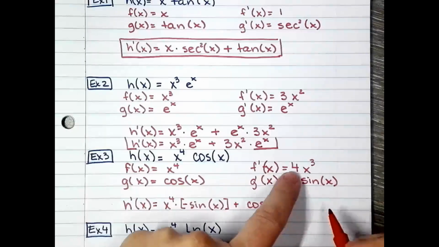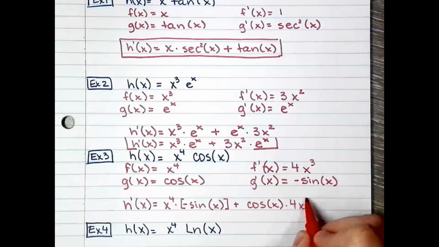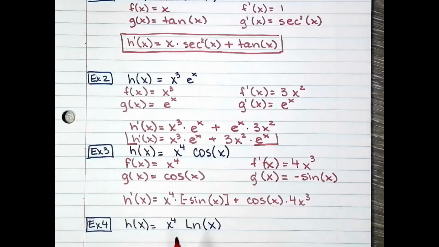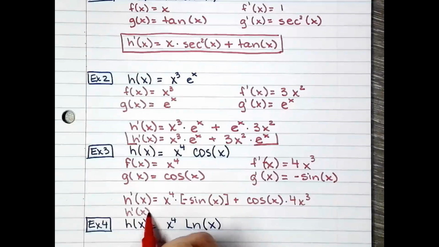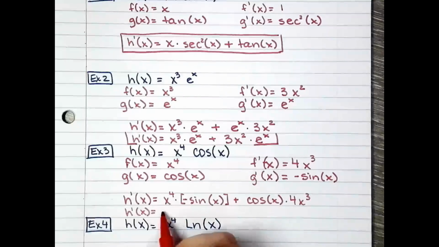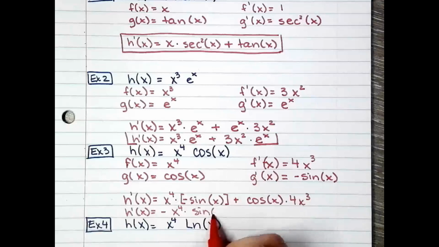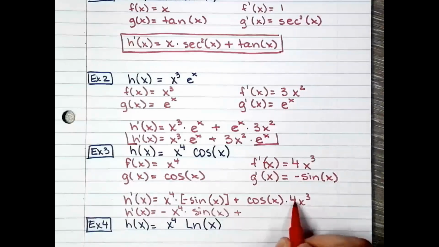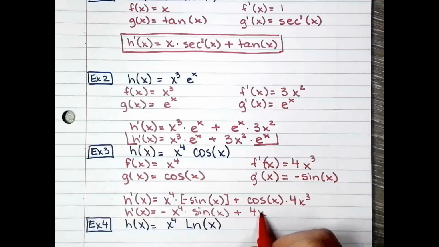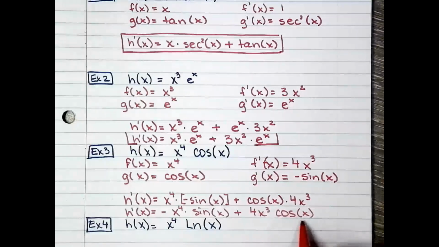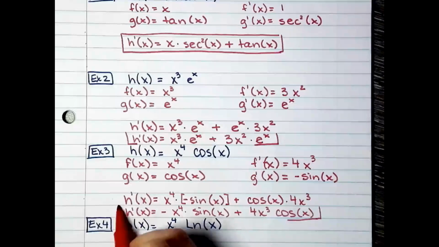F prime is 4x cubed. I will rewrite this just to look better. So the negative goes in the front. So negative x to the 4th power sine of x plus 4x cubed cosine of x.